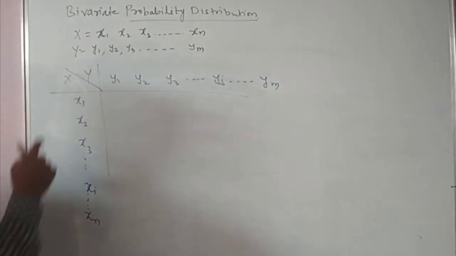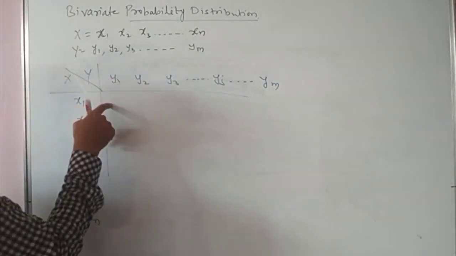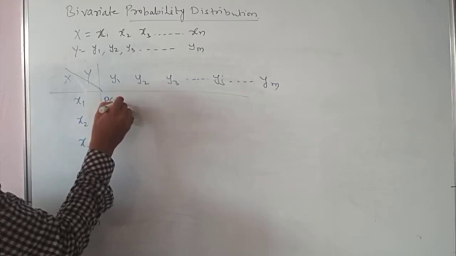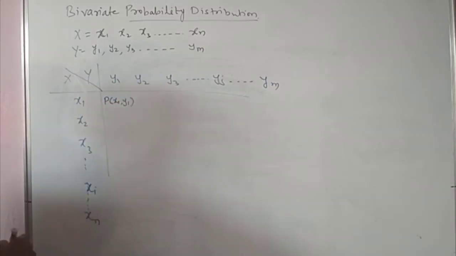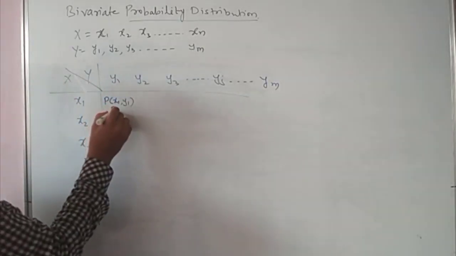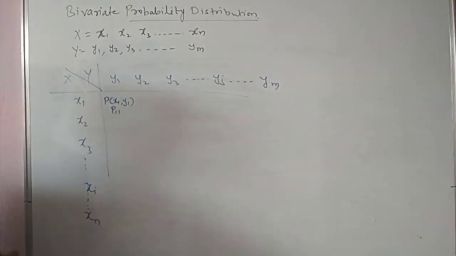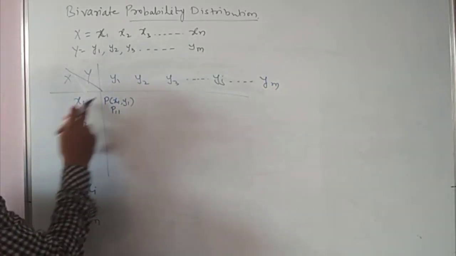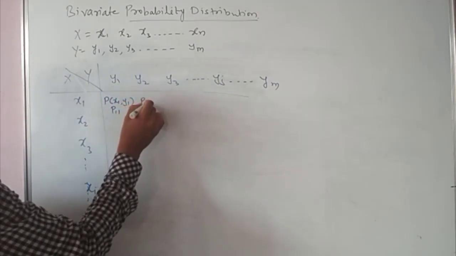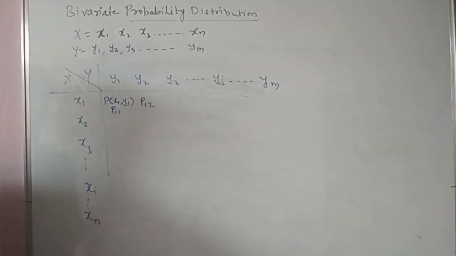So the probability that x takes x1 value and y takes y1 value is written here as p of x1 y1, or simply p11. Okay? And the probability that x takes x1 value and y takes y2 value is written as p12.